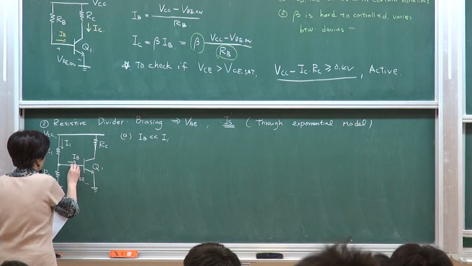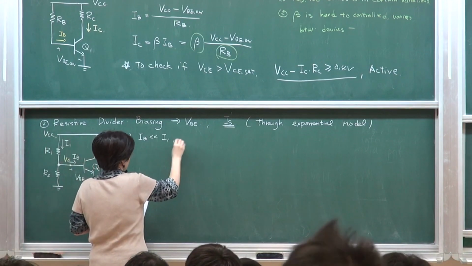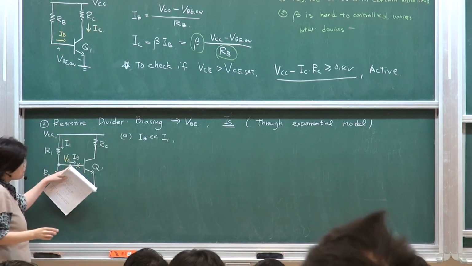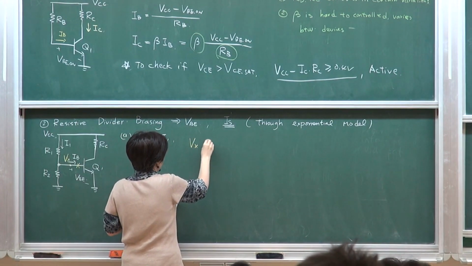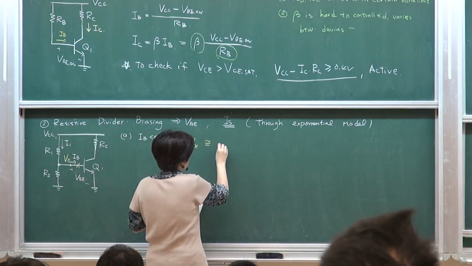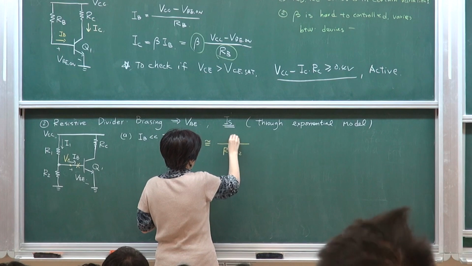This is the point Vx, the x point. I'm setting up this voltage. So Vx is approximately, I can ignore the base current component, R2 over R1 plus R2 times VCC.